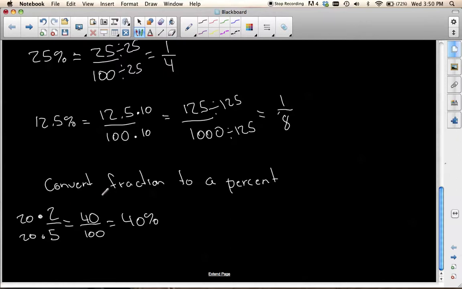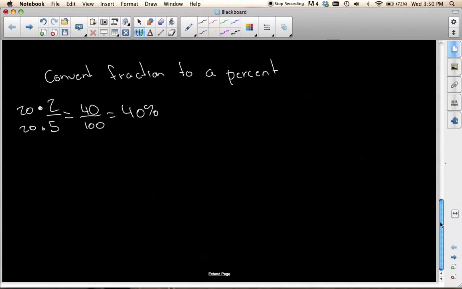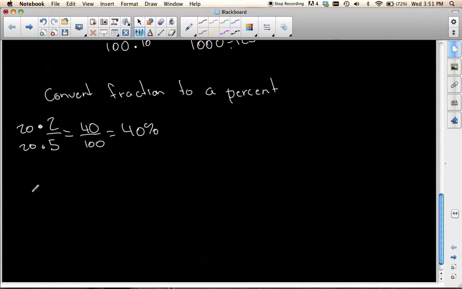Or what we can do, same idea, is my other option. So let's say I have 17 over 40 as my fraction. We can divide the numerator by the denominator to write it as a decimal.